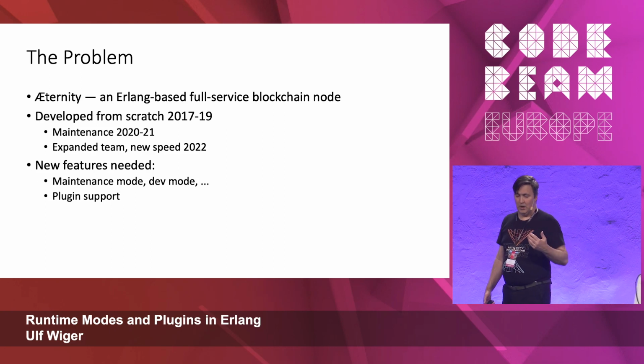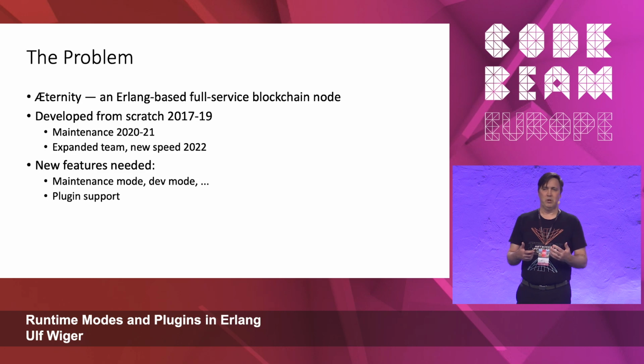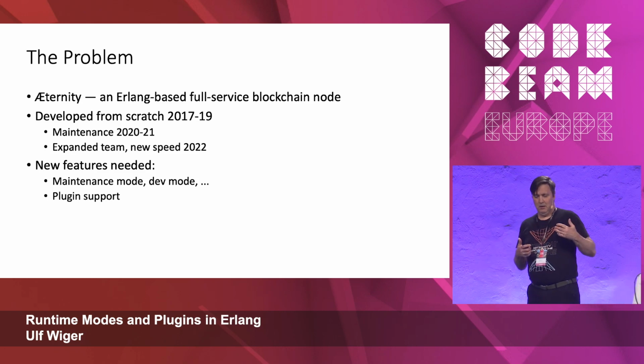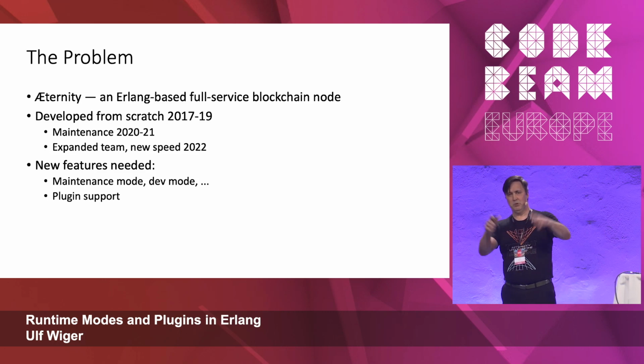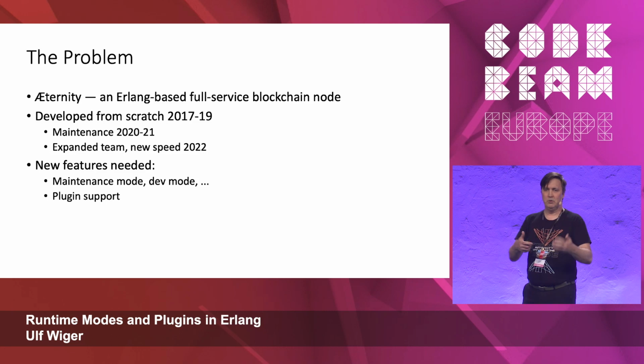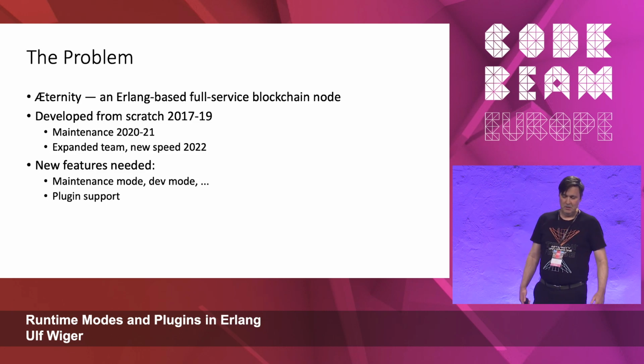And while we were at it, we also wanted to implement a development mode where we could enable on-demand block production much quicker, and possibly go from a live chain to just enabling dev mode, which would turn off all the networking and allow you to do prototyping based on the existing chain. So that was one thing.